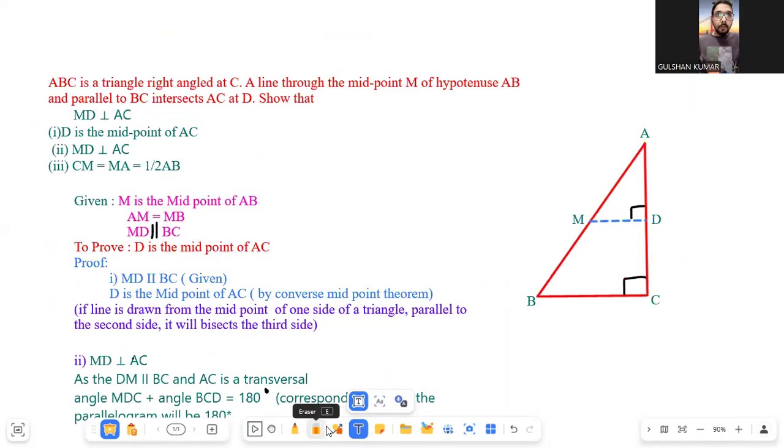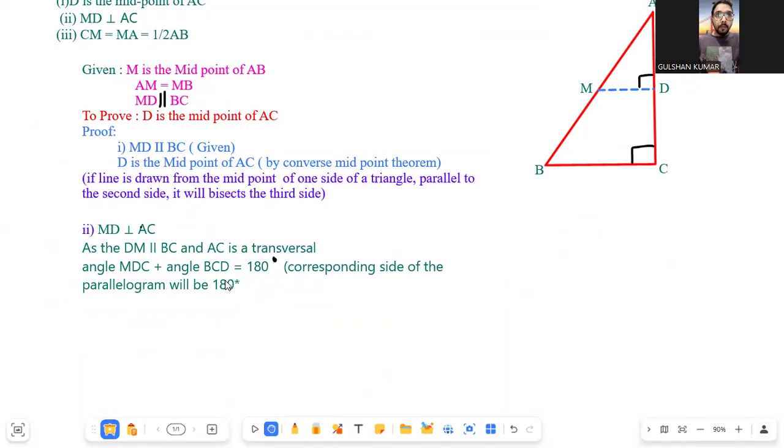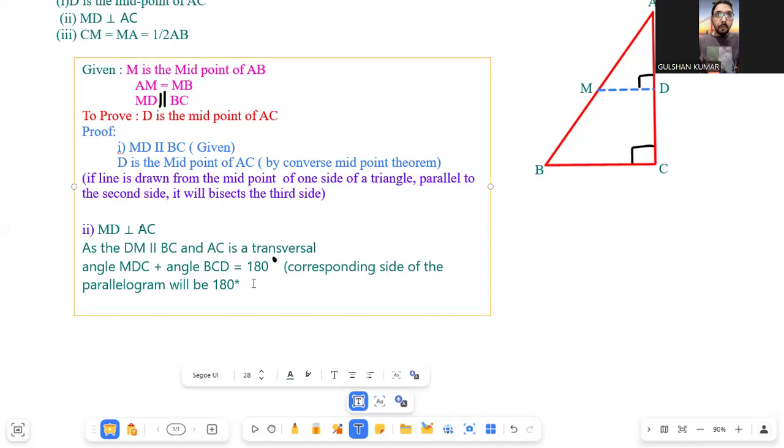Now we have to put it here so that we can write easily. Now, angle MDC equals 180 degrees minus 90 degrees, as angle BCD equals 90 degrees.